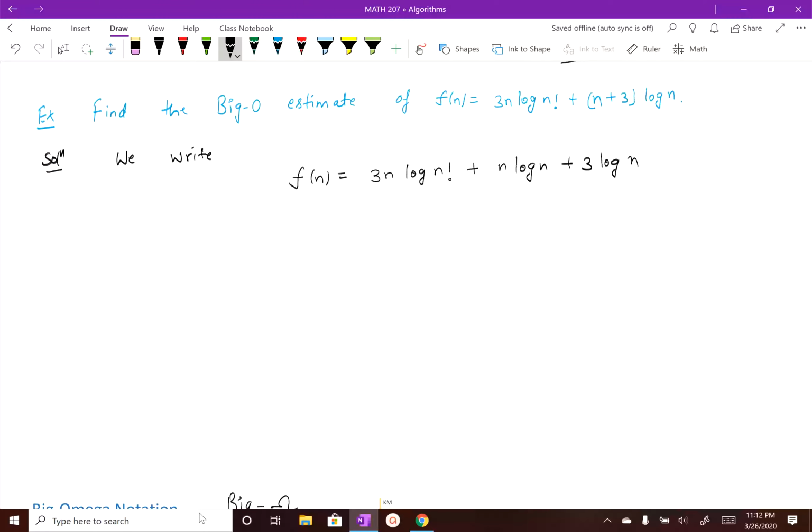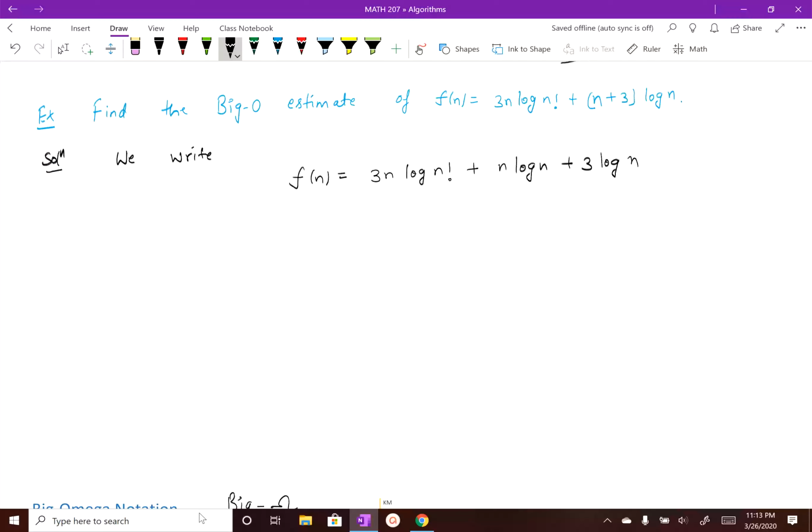Now can you find a function g of n, and can you find these two constants c and k such that you can show that f of n is less than or equal to c times g of n for the value of n greater than k. Okay, so this we want to prove.